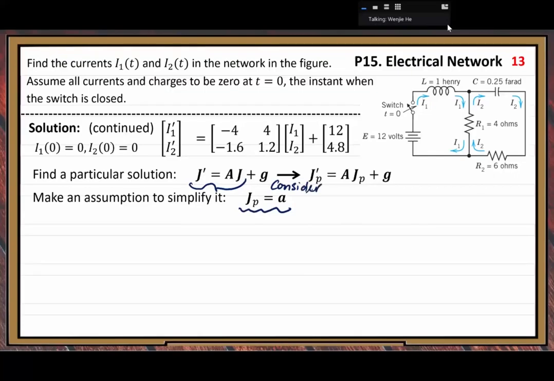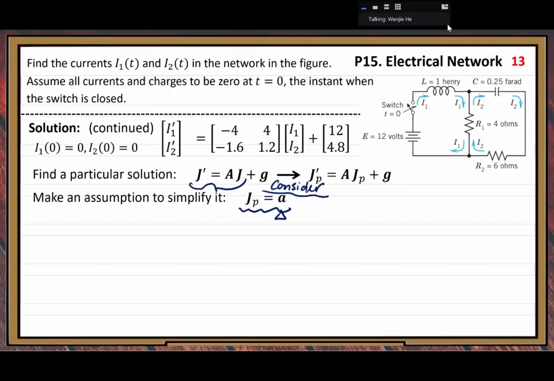Consider y_p is a constant vector. Is it possible? Because y_p could be an arbitrary form, in the arbitrary form we consider a very special form, a constant vector.